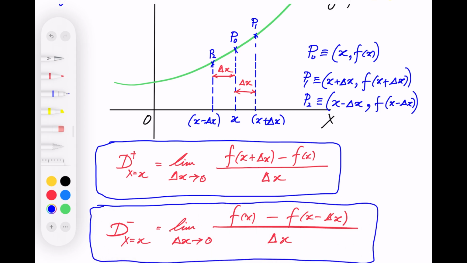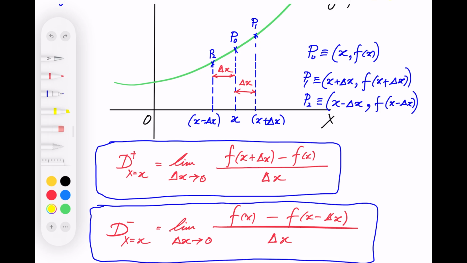Now what you need to pay attention to is that this point p0 was just selected as a random point within that interval of differentiability for this function y equals f of x, and that point p0 has an x coordinate labeled as lowercase x.